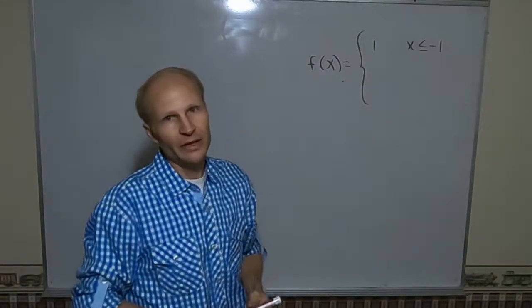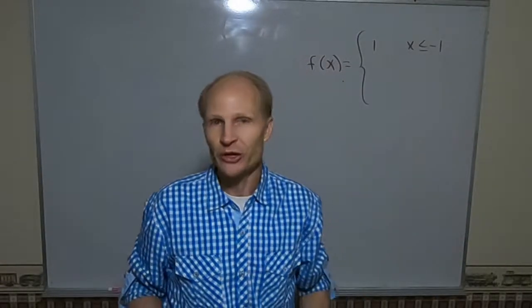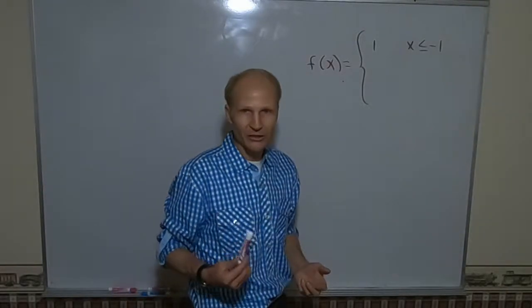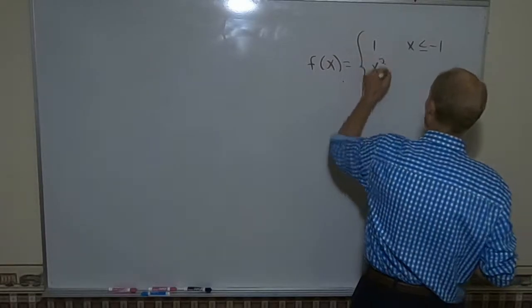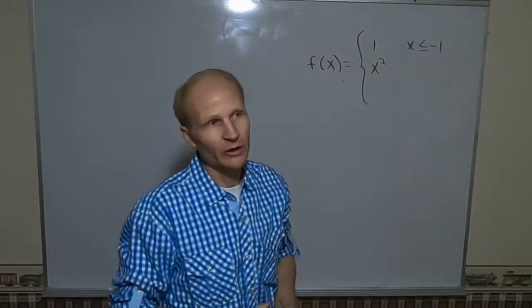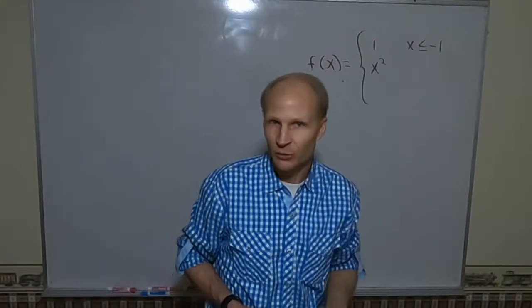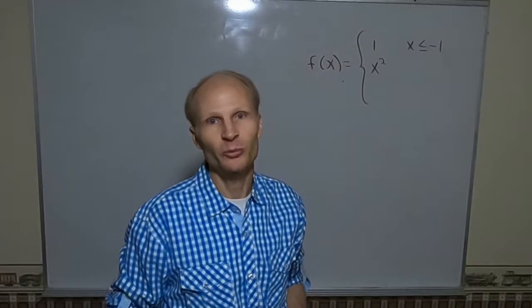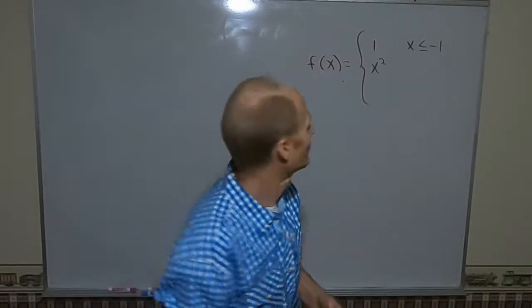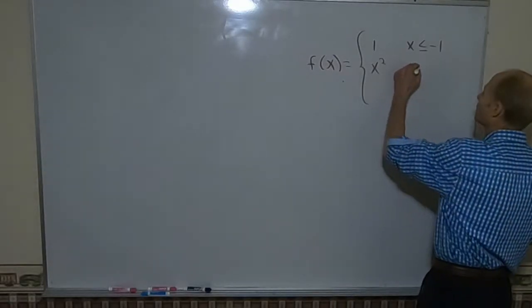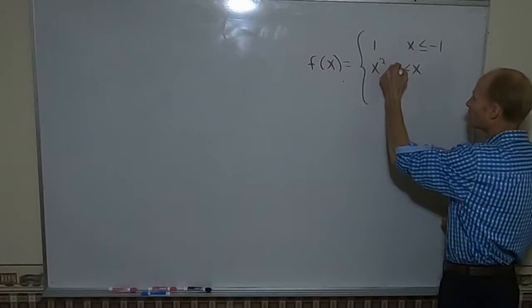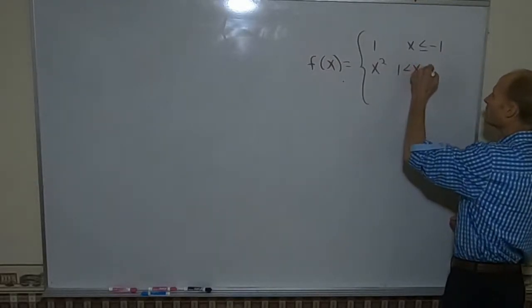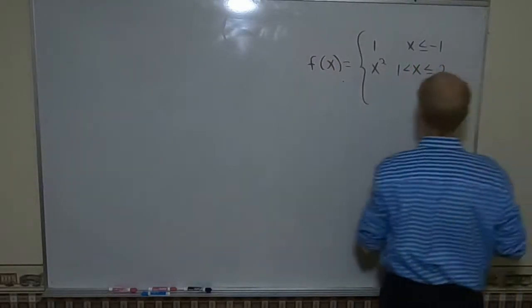All right, let's let our second function be a little bit more interesting. How about x squared? And let's say x squared lives in between x equals negative 1 and x equals positive 2. So my domain is going to be greater than negative 1, yet less than or equal to positive 2.